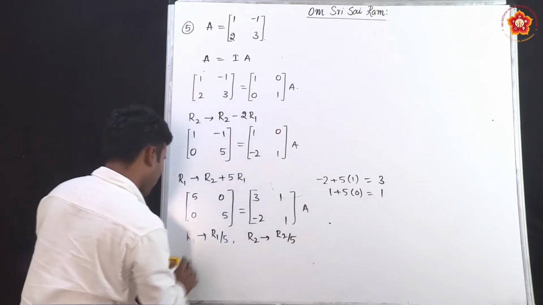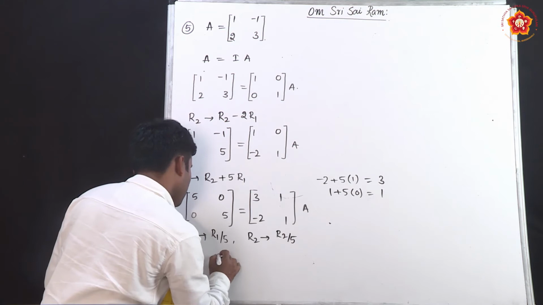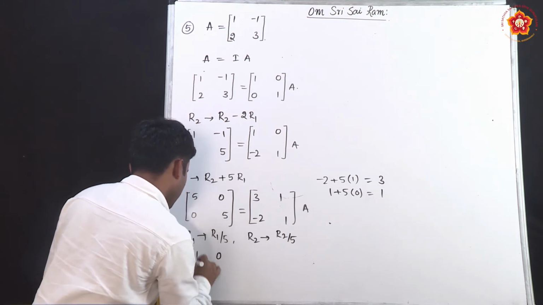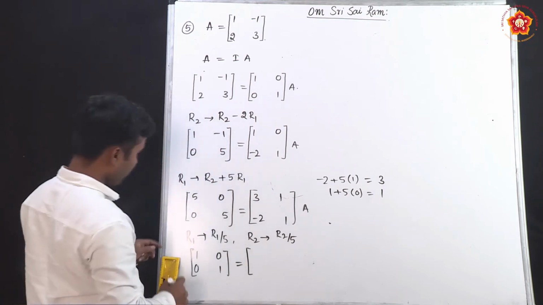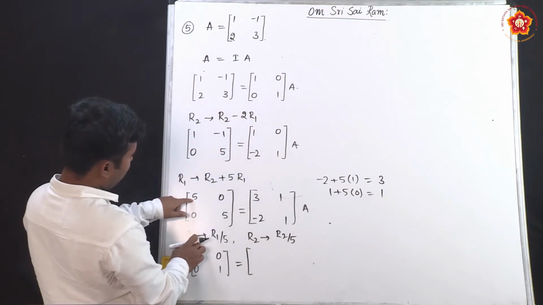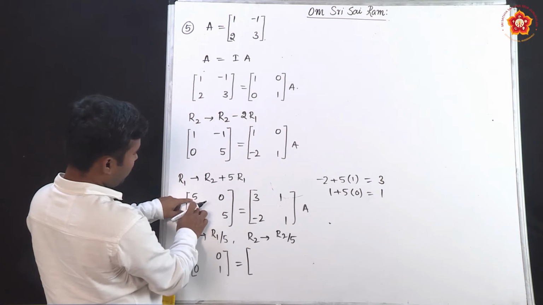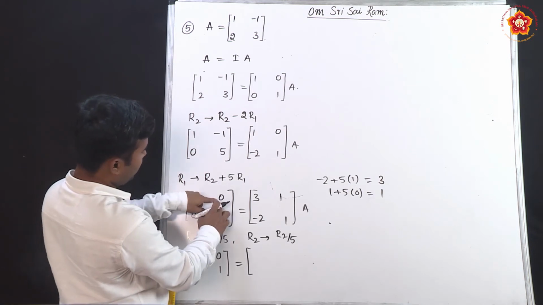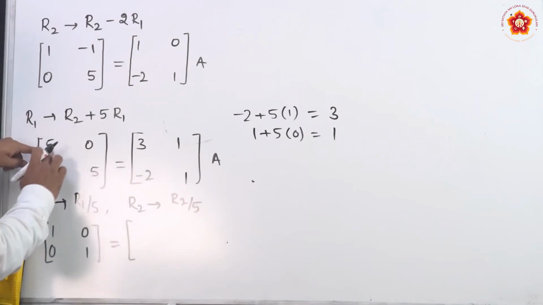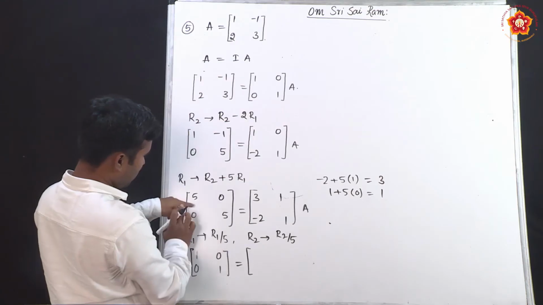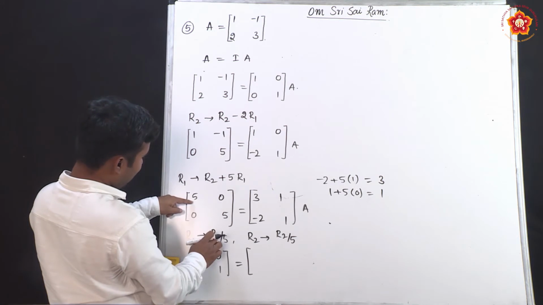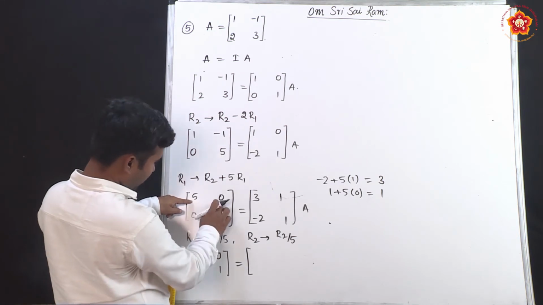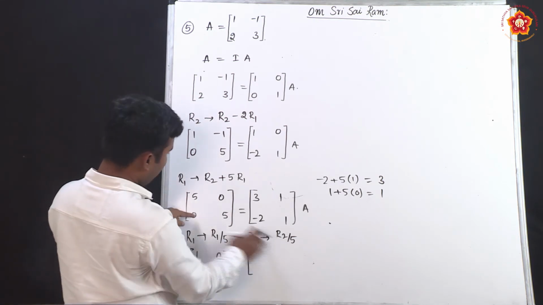So, what you are going to have is, this becomes 1 0 and 0 1 equal to, see R1 is 5 divided by 5, 5 divided by 5, okay. And here R1 is again 5 0, do not confuse here and here corresponding elements for this kind of operation, okay.